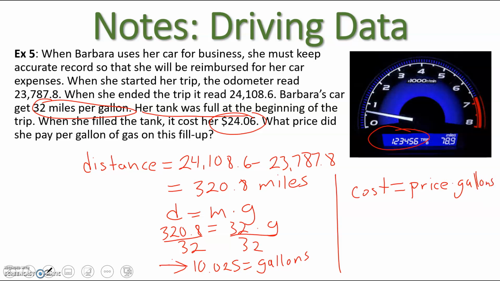All right, so we know the cost was $24.06. And then the price per gallon, which we're just going to call price, and the number of gallons is 10.025. To get the price per gallon, let's divide by 10.025.